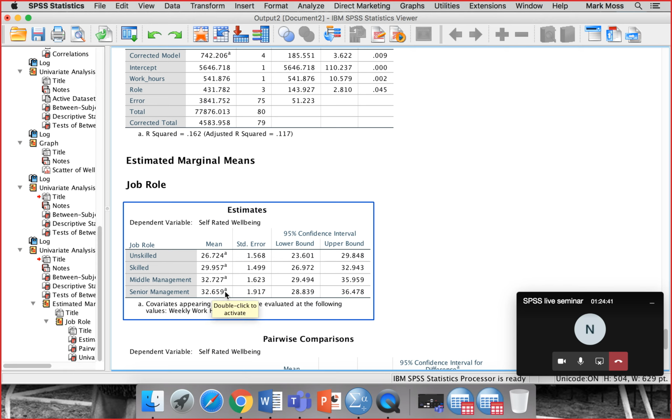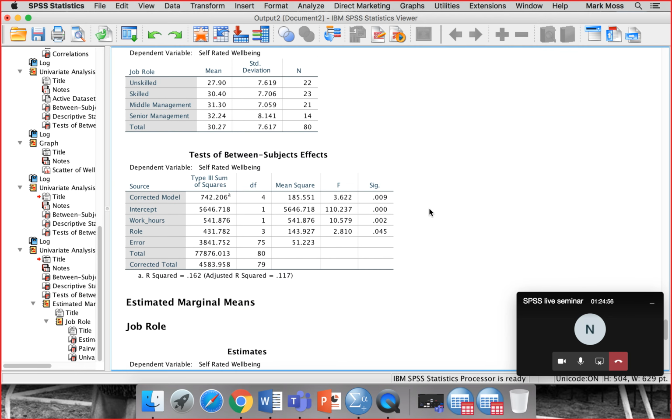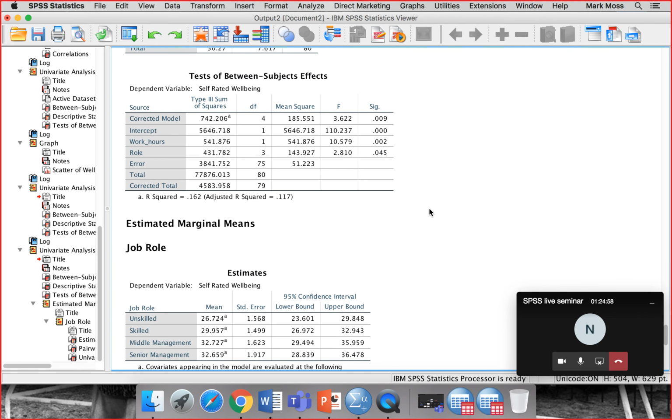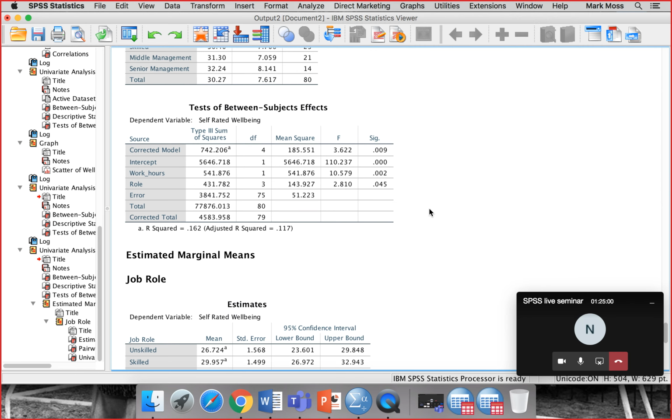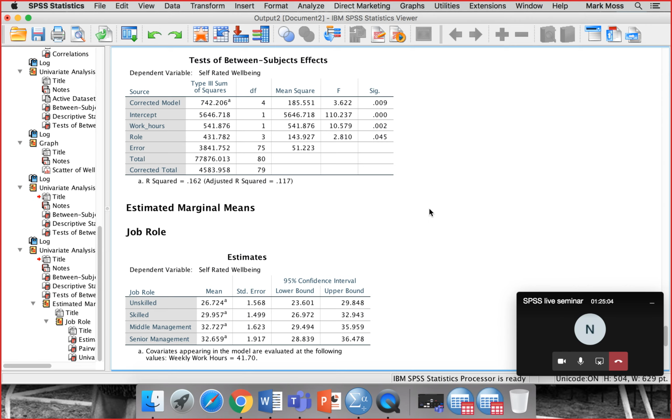And so it adjusts these means slightly based on that to equate them all for differences in their working patterns. So they're not huge adjustments. We've gone 27.9 down to 26.7, so that's gone down 1, and middle management's gone up a bit, skilled's gone down marginally.